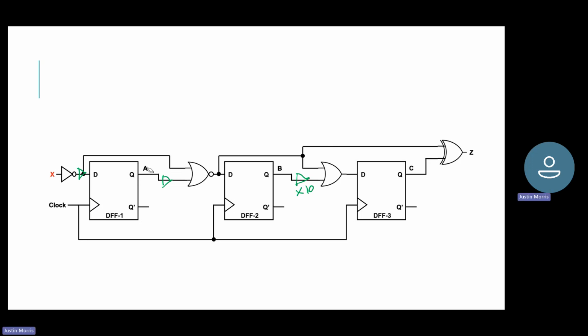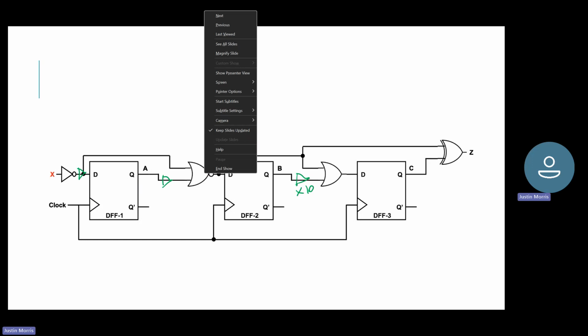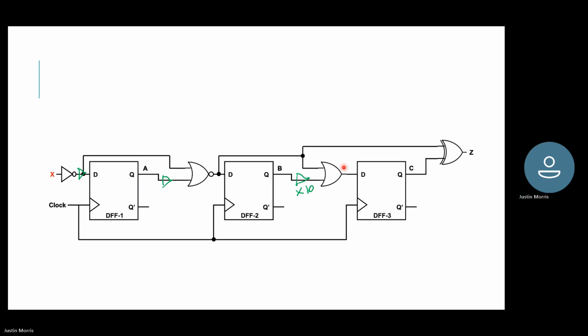So if we go from here, this is 10, 30, 40, 50. I still need buffers here, right? Because what did I say this was, 50?